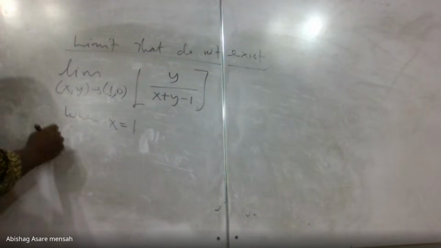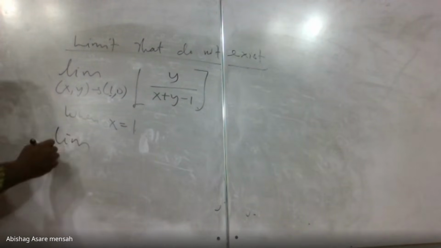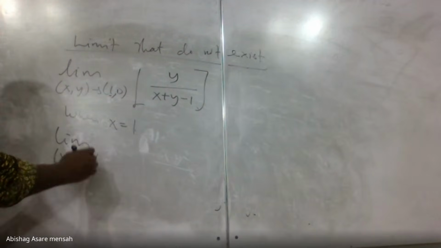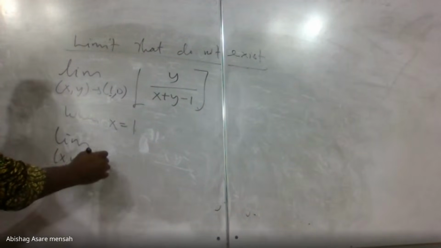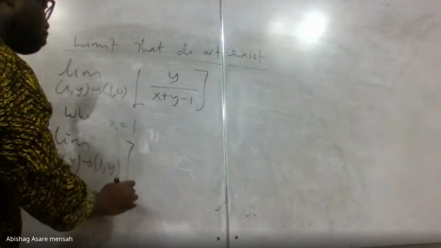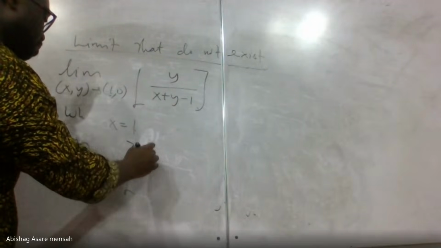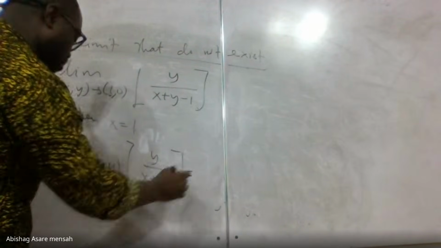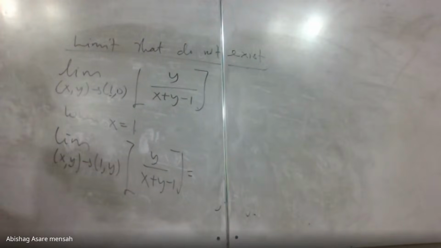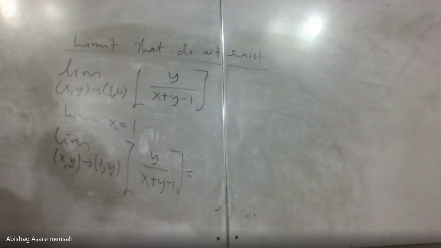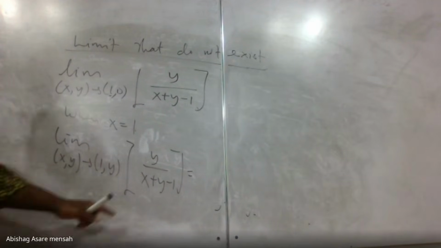So let's go on to do the limits of x, y. So this one will be 1, y will still be there. So we have y over x plus y minus 1. So this one will be 1. Then what will happen?